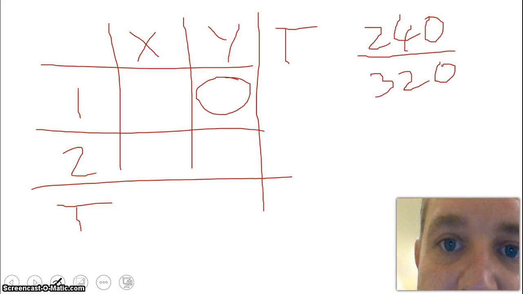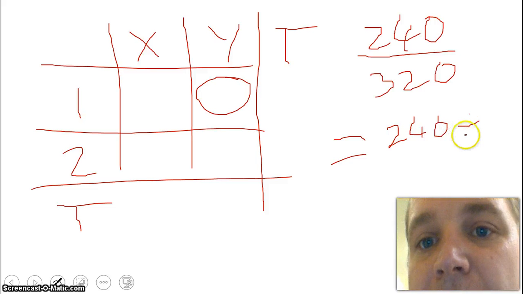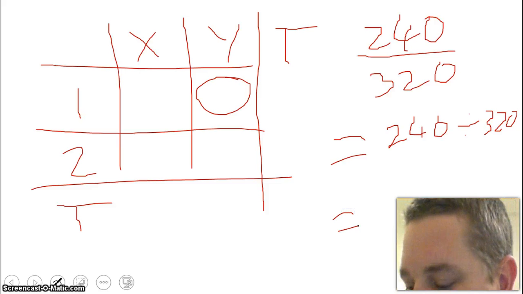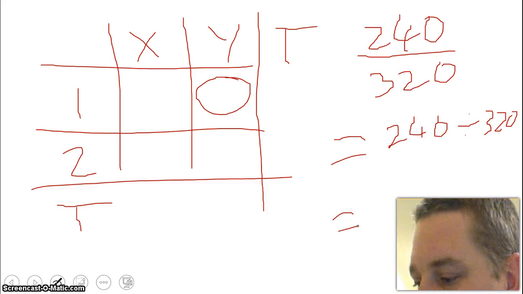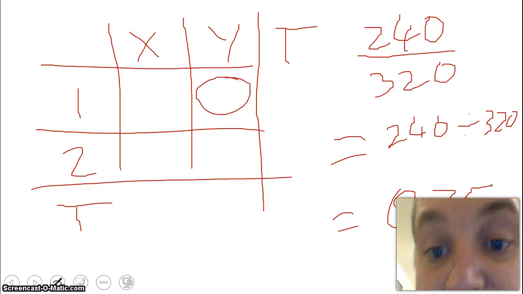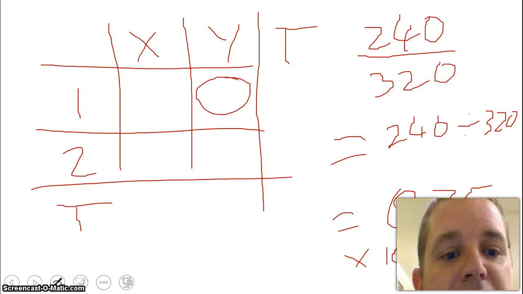To get that as a percentage, what I always suggest you do is 240 divided by 320. Oops, too far. Once we do that, we're going to get a decimal answer. It should be about a third. Oh no, it should be 0.75. And to get that as a percentage, we just times that answer by 100, which equals 75%. Each part, just take it one at a time.